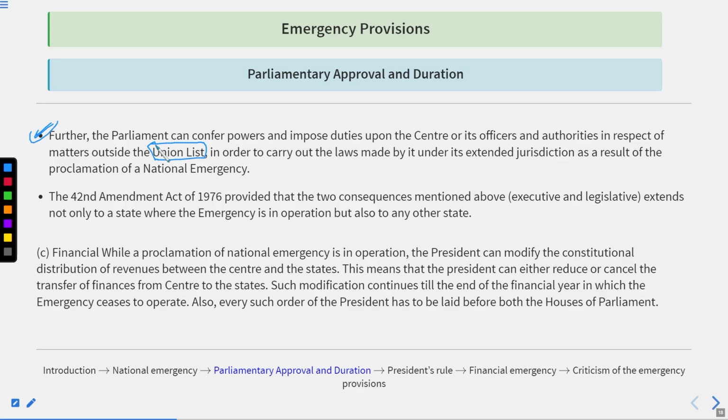It means that it lies with the parliament to impose duties upon the central government officers or authorities for matters which do not fall under the union list, or you can say matters which fall under the state list or concurrent list, to carry out laws made under its extended jurisdiction as a result of the national emergency.